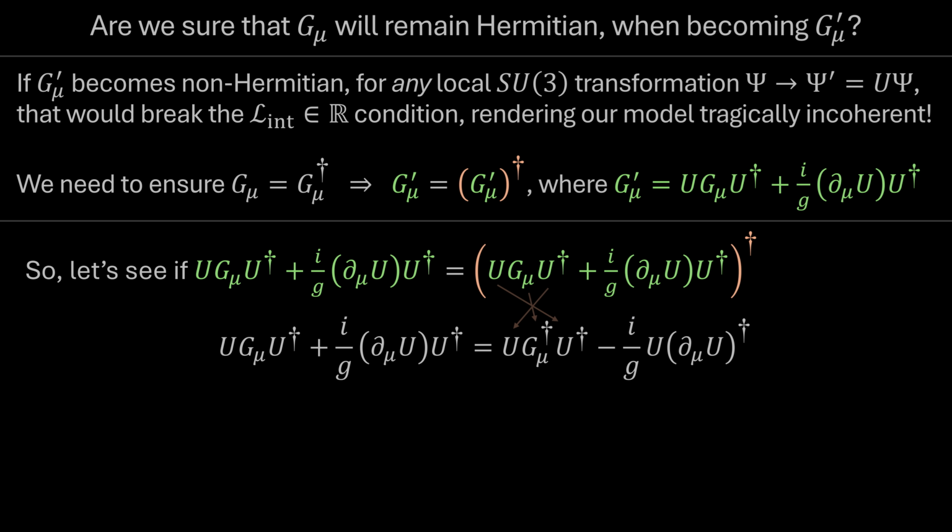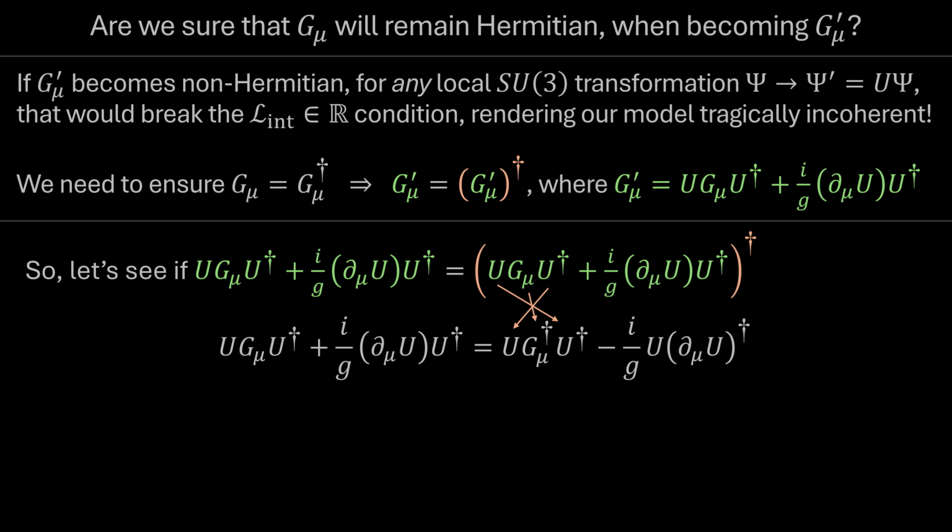Focusing first on U G mu U dagger, we can go ahead and evaluate the transpose conjugate, and when we do that, we're going to switch the order of the matrices in that product. So we end up with U dagger dagger times G mu dagger times U dagger. Now on the left side, the U dagger dagger is actually just U, because if you take the transpose conjugate of the transpose conjugate of a thing, you just end up with the thing itself.